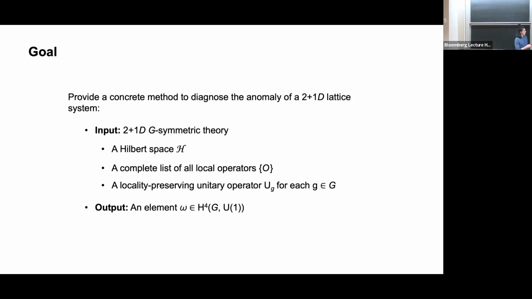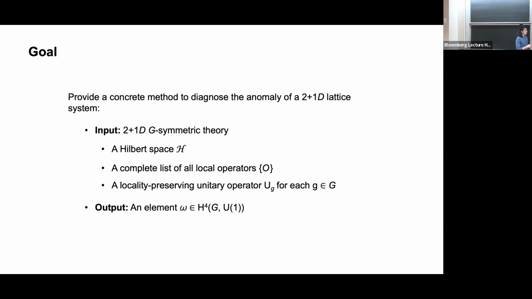What do I mean when I say a G-symmetric theory? I'm using this in the minimal sense of the word theory. By a G-symmetric theory, I just mean three pieces of data. For one, there's some Hilbert space.